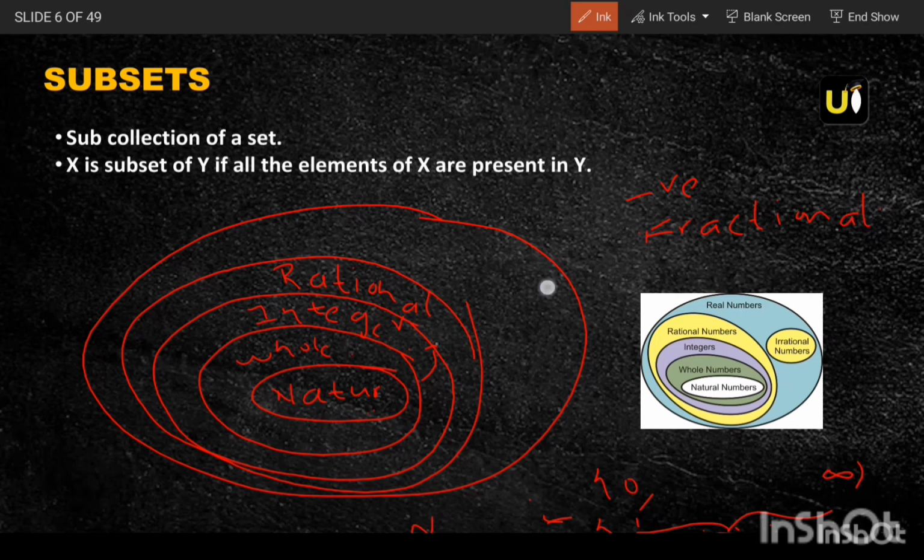And there is another set called irrational numbers, which is a subset of real numbers but not a subset of rational, integer, whole and natural numbers. This is a separate section, and a subset of real numbers.